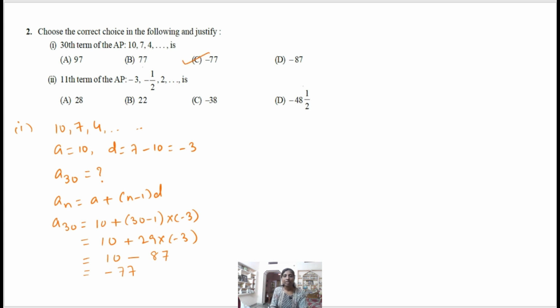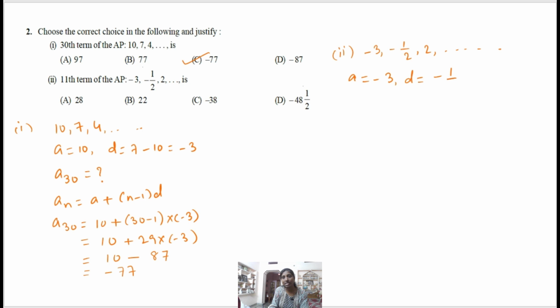Now let us solve the second question. Let us write the given AP: minus 3, minus 1 by 2, 2 and so on. Here the first term a is equal to minus 3, d is equal to second term minus first term.